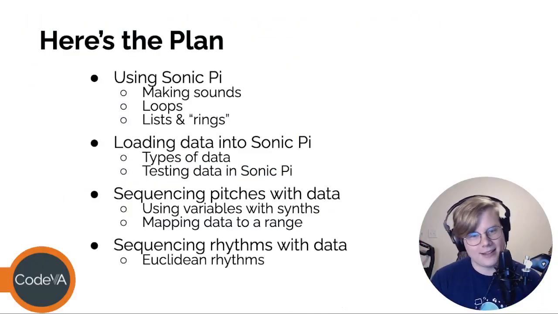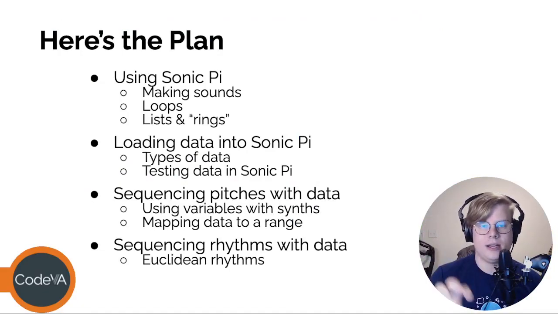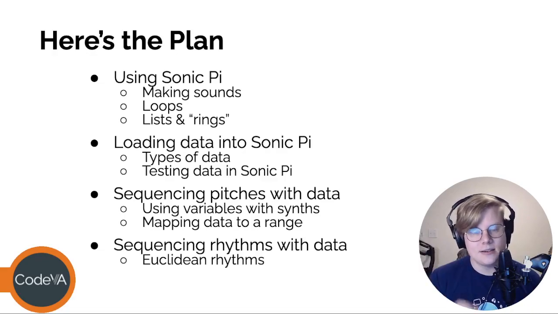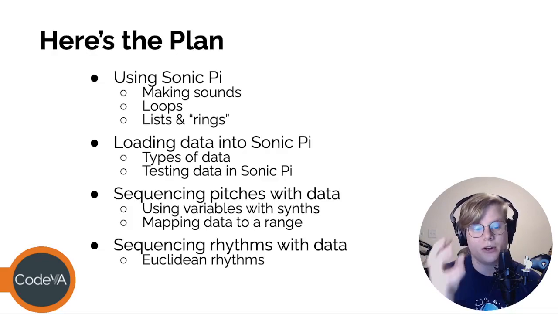This is the plan I'm going to follow in the videos that will follow this introductory video. I'm going to focus on a couple of different techniques for creating music based on the data, so that you have a chance to try it out on your own and make your own complete music pieces based on whatever data you end up going with.